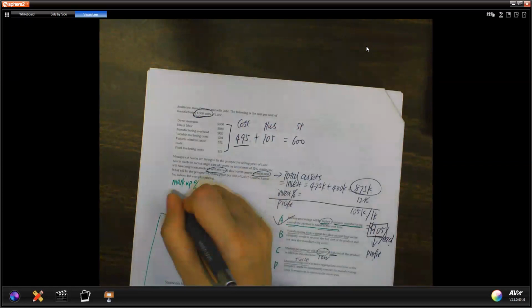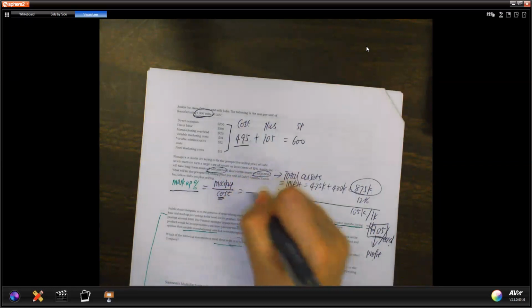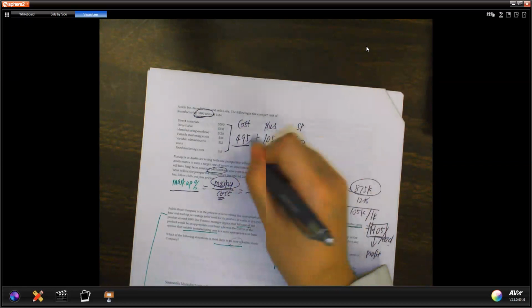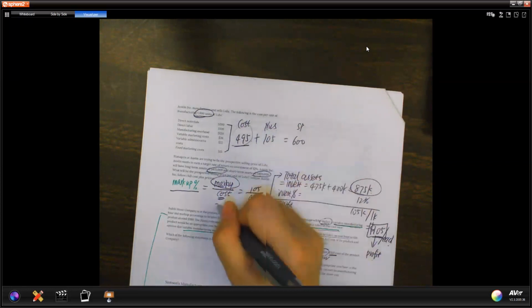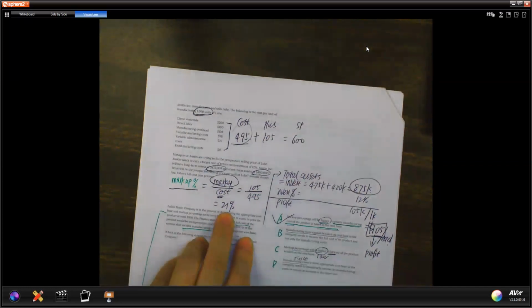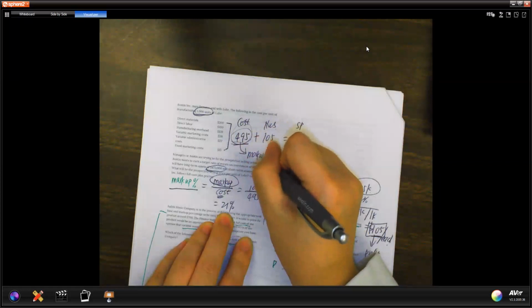And our markup percentage will be our markup divided by the cost. Our markup is 105, our cost is 495. That gives us our markup percentage is 21.21%.